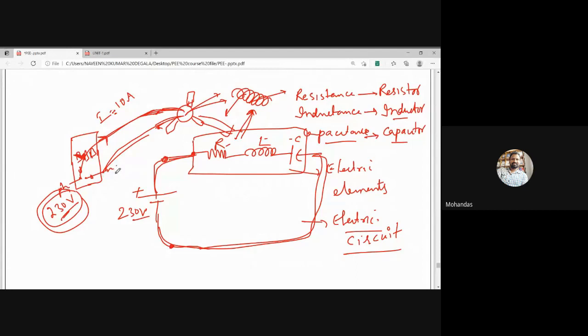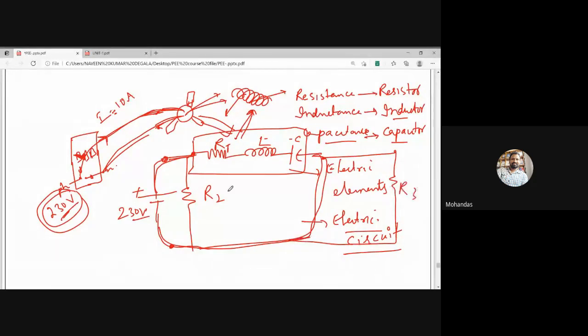Suppose you connect a heater to the same supply, the heater can be modeled as a resistance. This is R1, this is R2. Suppose a bulb is connected here, then it can be added as R3.